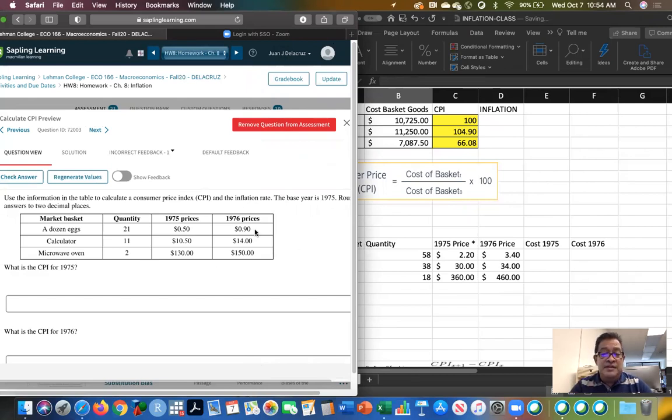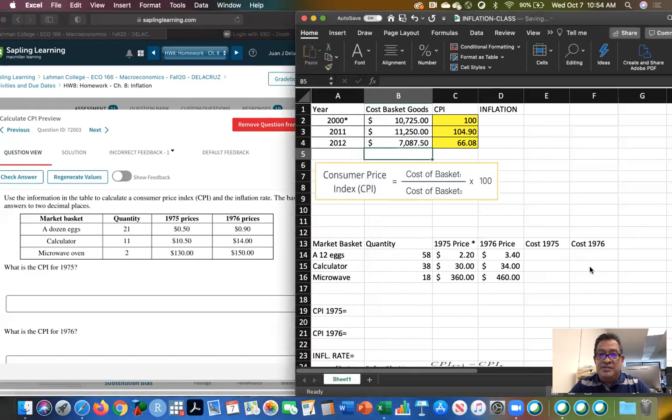We have the quantities and we have prices. So if I multiply the quantities times the price of 1975, I'm gonna get the cost of the basket in 1975. If I multiply the quantities times the prices of 1976, I'm gonna get the cost of 1976, and then I'm gonna be able to do the summation and then find the consumer price index, right?